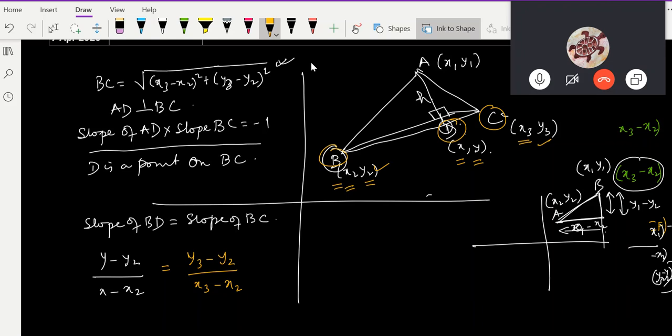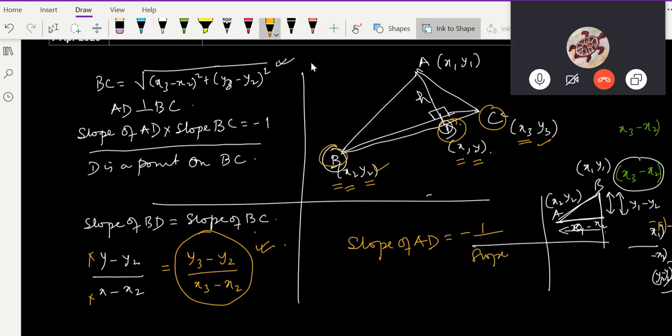That means the slope of the line BC is this. We don't know x and y, right? So we'll not consider this. So slope of the line BC is this one, right? And slope of line AD is equal to minus 1 over slope of BC, right?